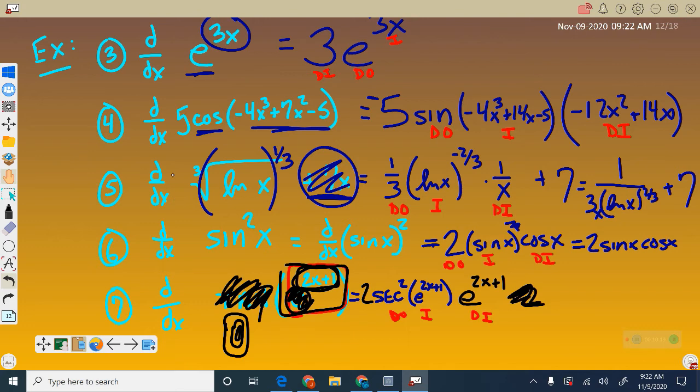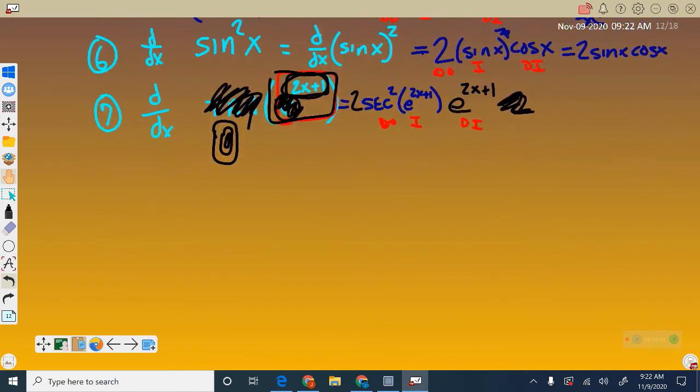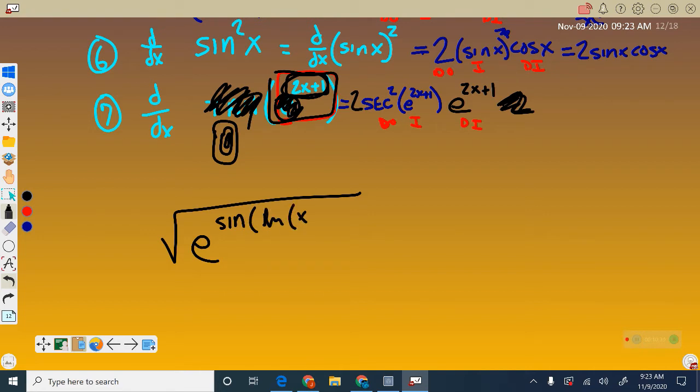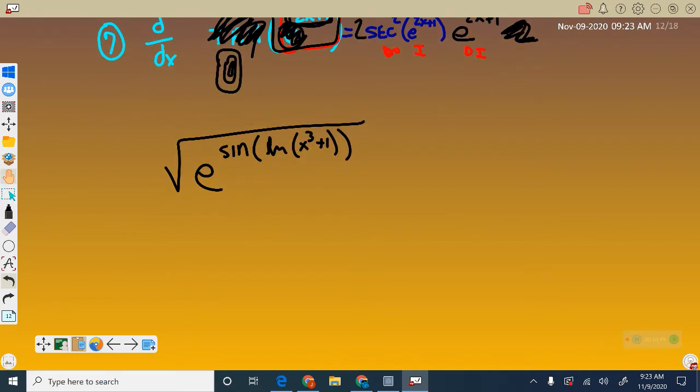So just for fun, I can make a real crazy long one. Let's say I have the square root of e to the sine of ln of x cubed plus 1. So there's a big, long, nasty looking derivative that we can take.